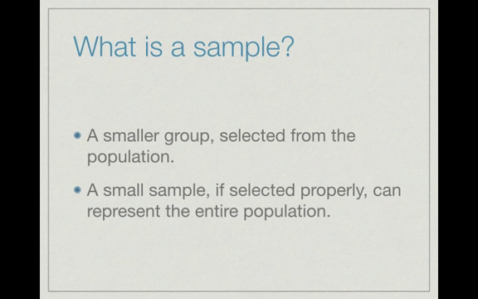So rather than surveying every single person in Ohio, I can survey a sample, and if I select them properly, they can represent the entire population, and based on the results of that sample, I can get a pretty good idea of what the entire population is like.